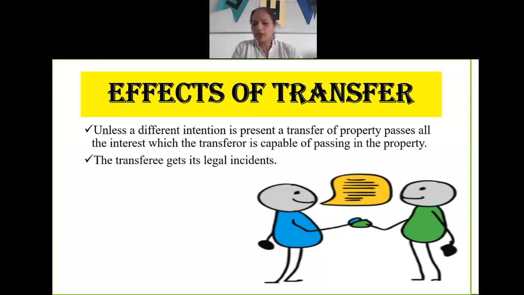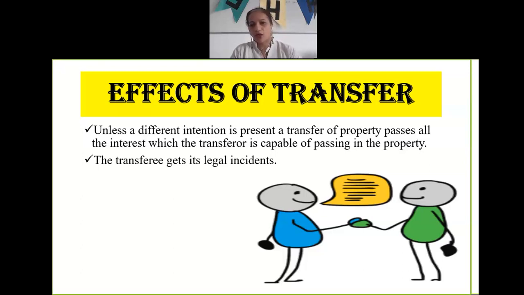Another important aspect in this sentence is that whatever interest the transferor is transferring to the transferee, the transferor must be capable of passing that interest in the property. If he himself does not own that interest in the property and the right to dispose of it, then he won't be in a position to create a valid transfer. Suppose, for example, I have let out my property to Roshan, and Roshan, to whom I have let out my property, has not been given a power to sublet it, but Roshan sublets that property to Shwetal.